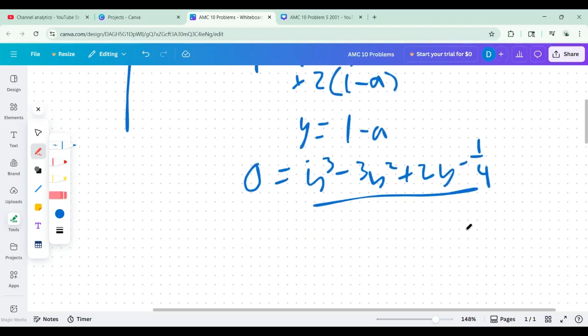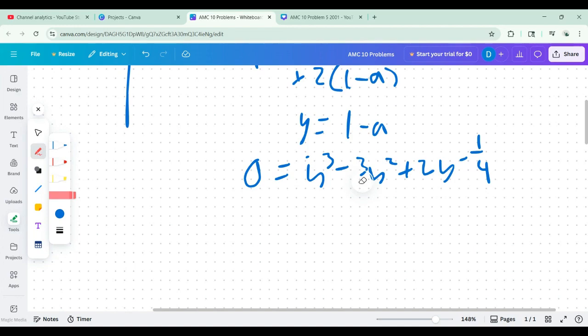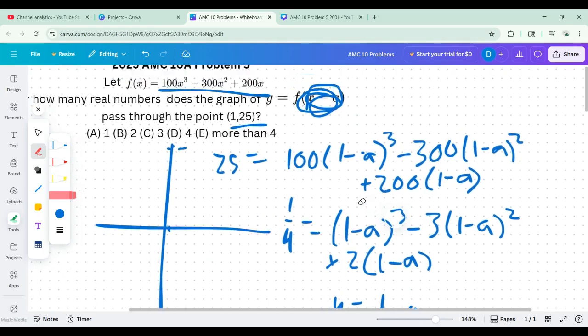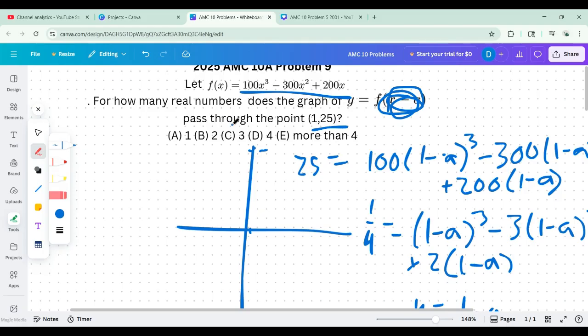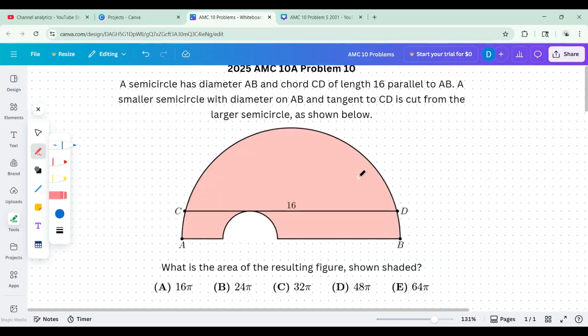You can factor it and simplify it, and I believe after you do that, you do get three real solutions, three real numbers that satisfy the point on this graph. So the answer for this problem is C. And if you do want me to go more in depth on this, I will, and I'll explain it in probably a later video. Now we're going to move on to our final problem, problem 10.